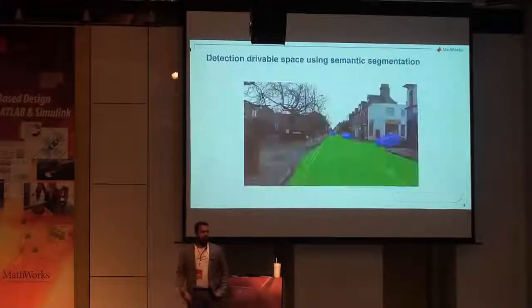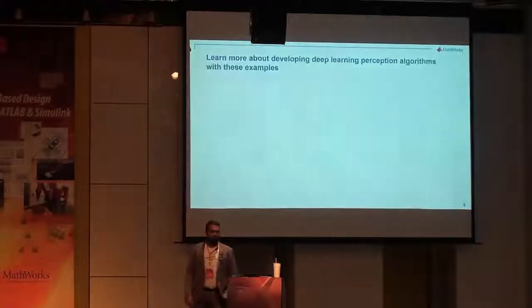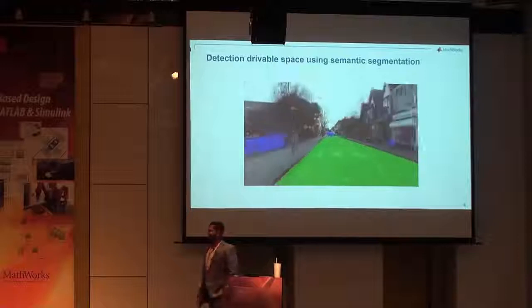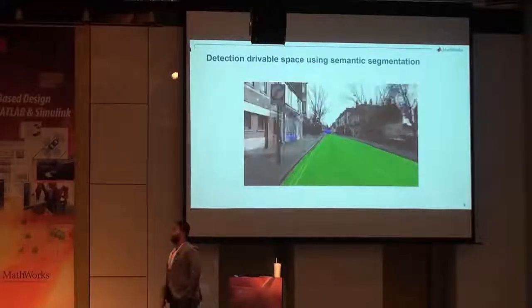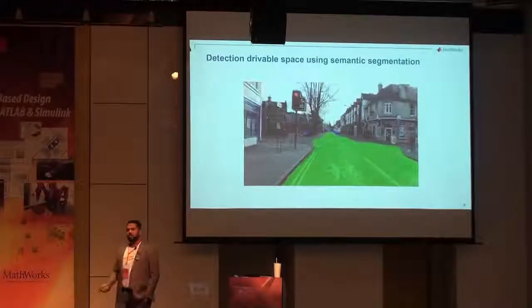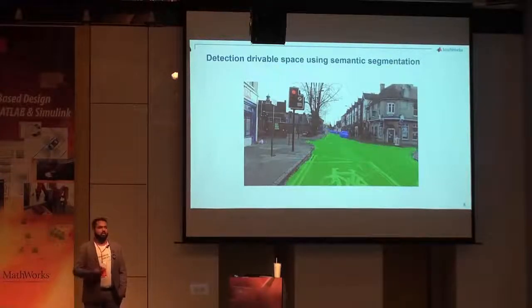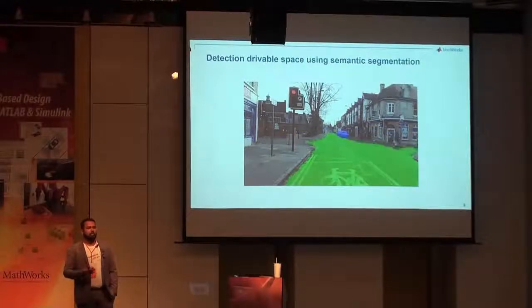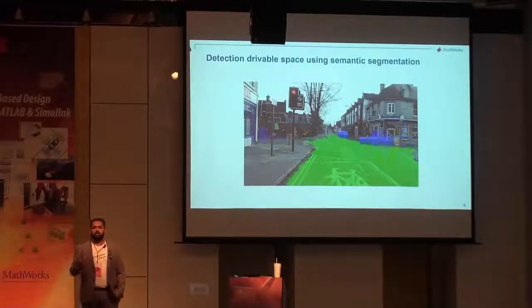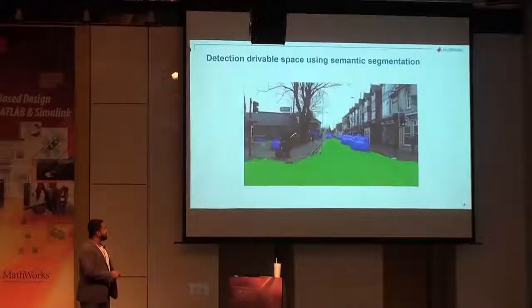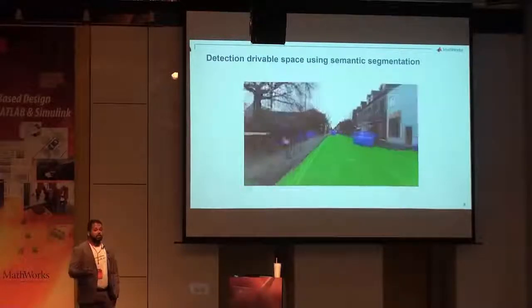But for deep learning, this is a key example that we've seen throughout the day today of deep learning for automated driving. The ability to understand the most important objects in the image is very important. The key areas that a car needs to focus on are the road, which is green here, and the other cars, which are blue.